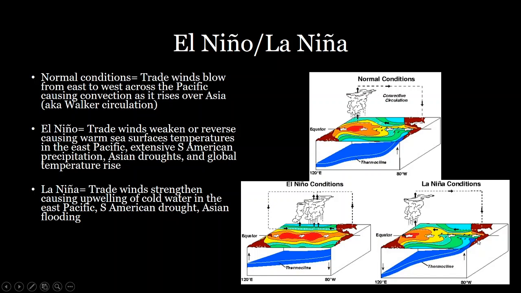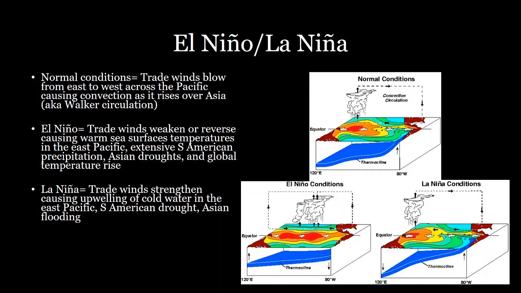As a result of all that upwelling and all that warm water getting pushed to Asia, you generally have droughts in South America, less evaporation there, and so less precipitation, as well as flooding in Asia, as you have more precipitation and warmer oceanic conditions in Asian countries.